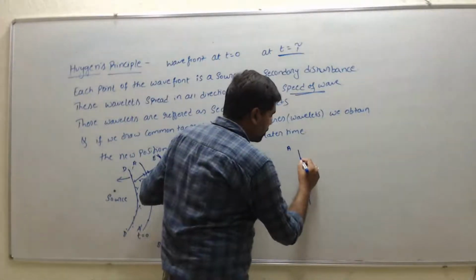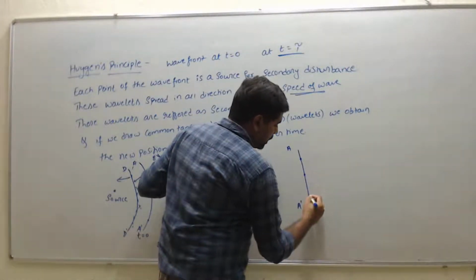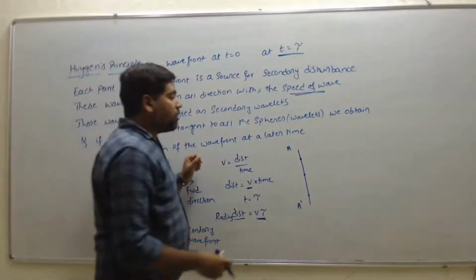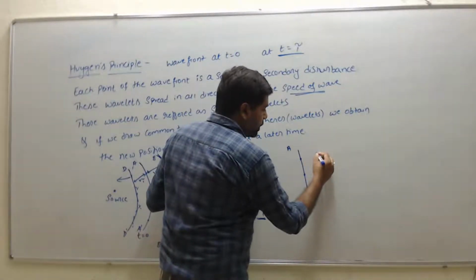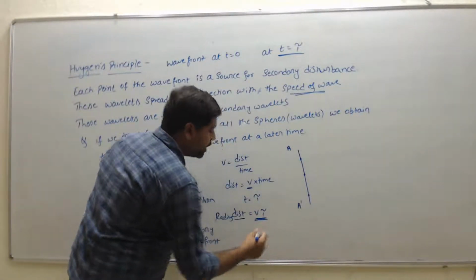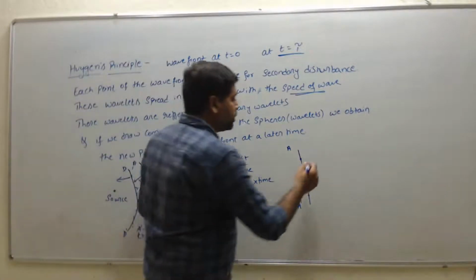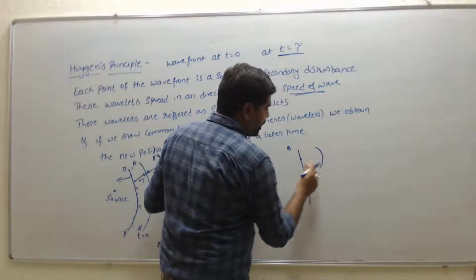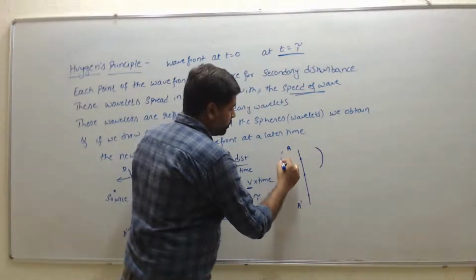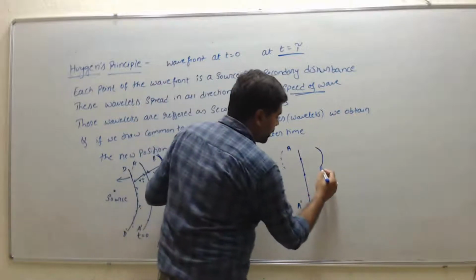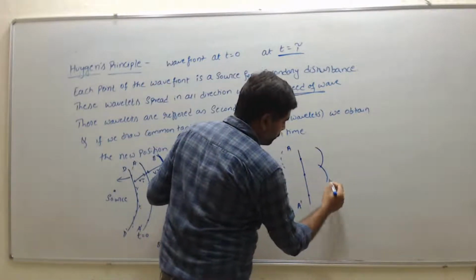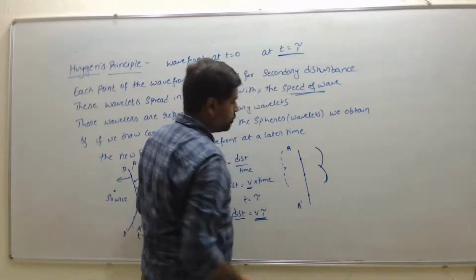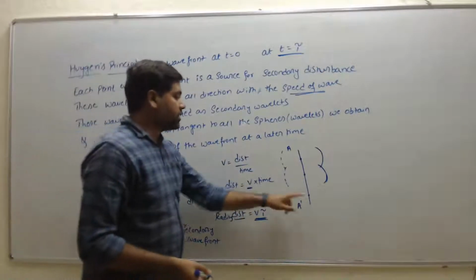So here I am taking 3 points. From these 3 points, we are going to find the wavelets. That is, we are going to draw spheres of radius v into t. So this is the sphere for the first point, this is the sphere for the second point, and similarly for the third point.